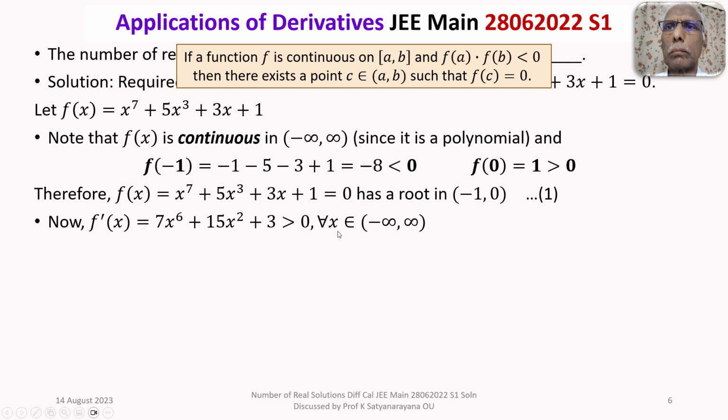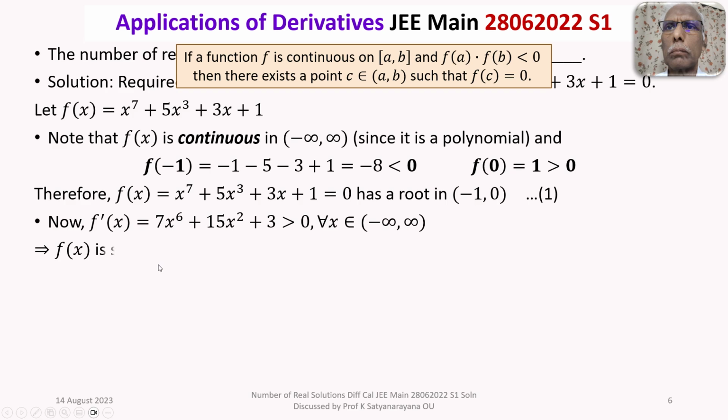That means for every real number x, f prime x is positive because it has all even powers of x and there is a plus 3. Therefore, f prime x is greater than 0 for every real value of x. So now apply the first derivative test.